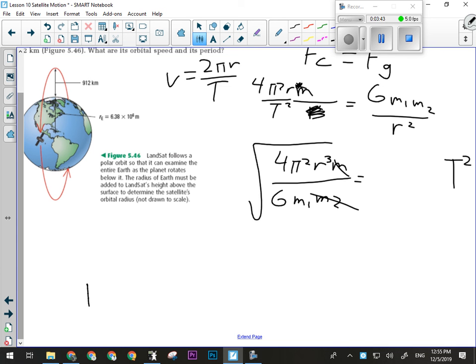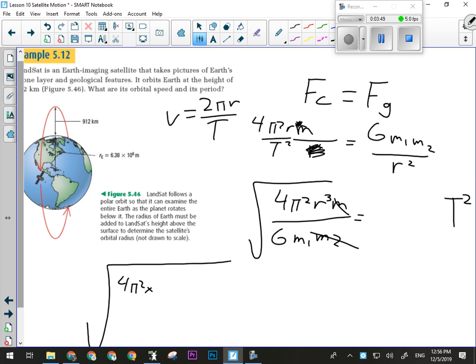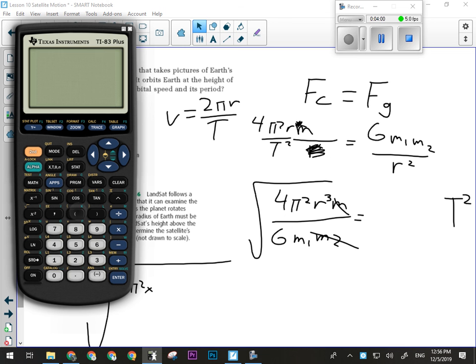Okay, so now when I plug in my numbers, I'm going to have 4 pi squared times, and then they gave me the ability to calculate the radius. Okay, I'm going to have to figure out what it is here. So I'm going to go in my calculator. 6.38 E6 plus 912,000 meters.